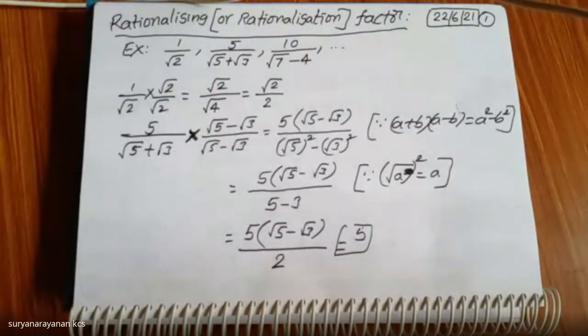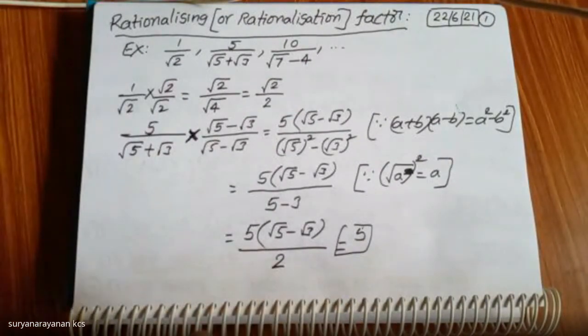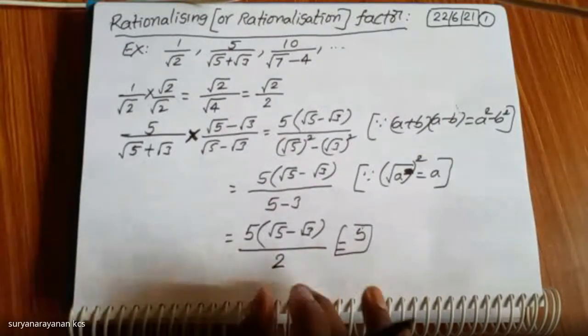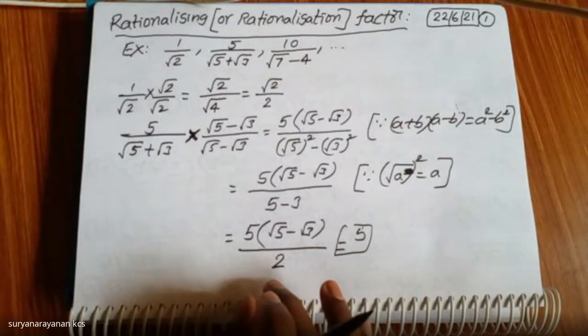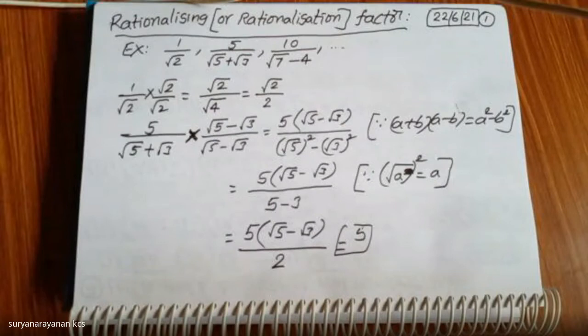It doesn't matter whether the numerator is an irrational or rational number. We are not paying attention to the numerator. We are paying attention only to making the denominator a rational number. Understood this point, my dear children?